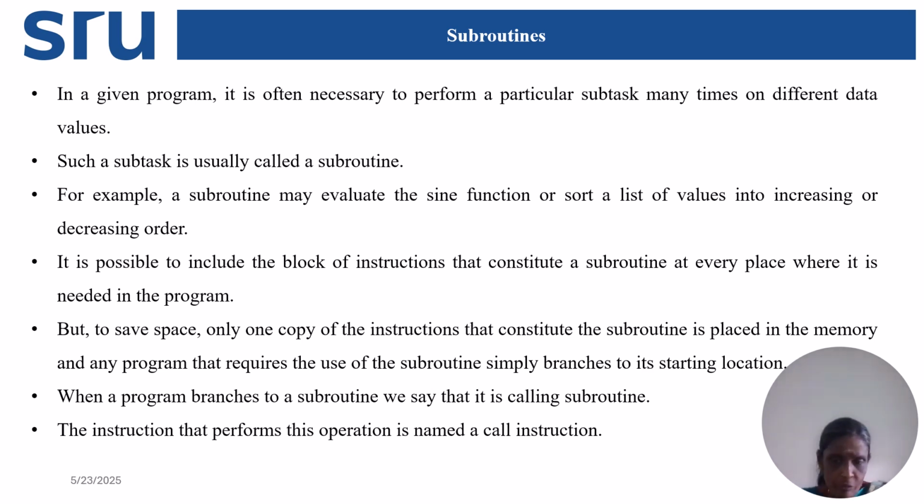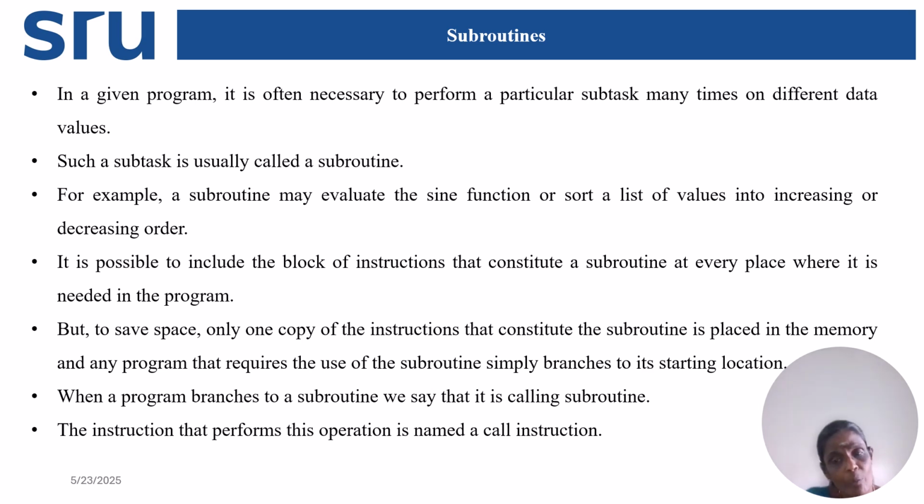So in that way, we can perform a smaller task by using various numbers, and at the same time the same task will occur in the main program in so many places.